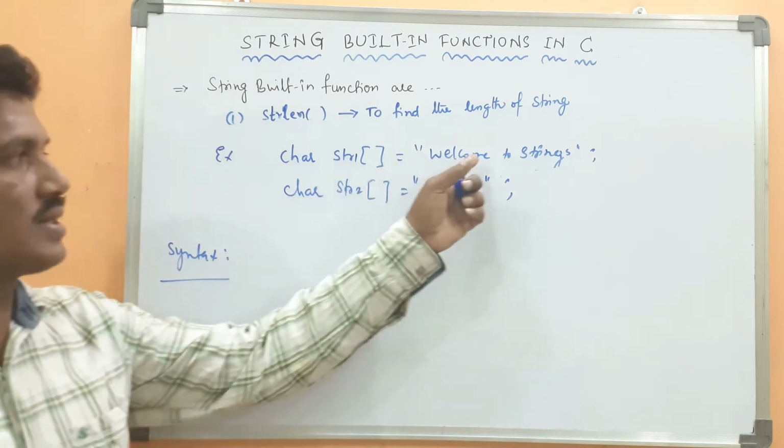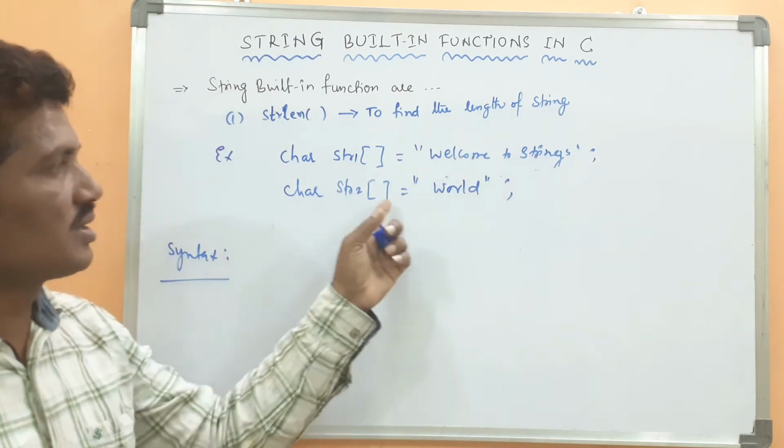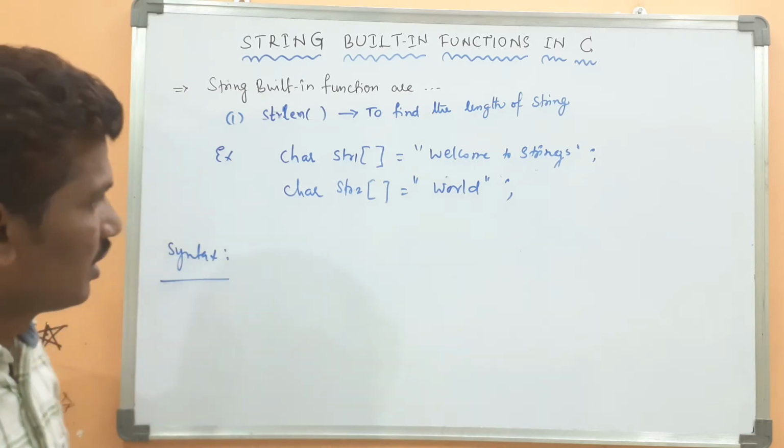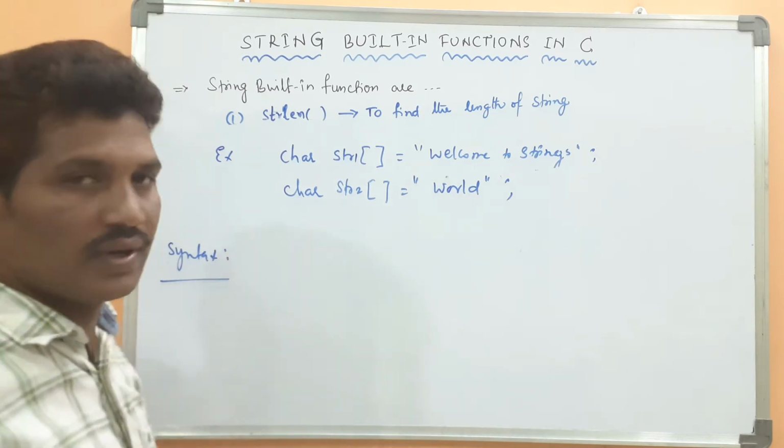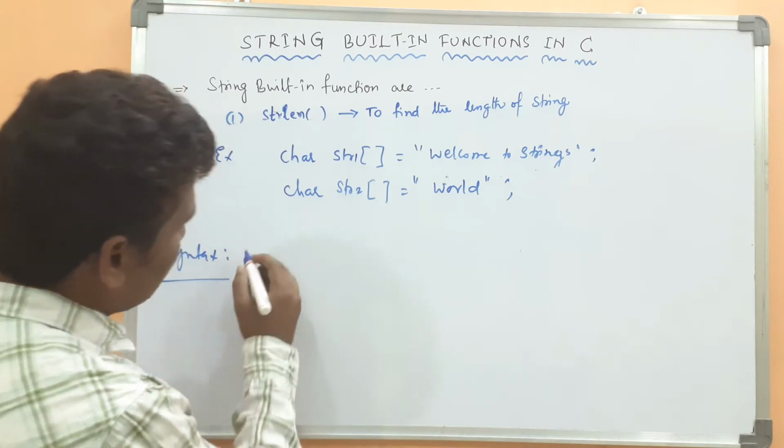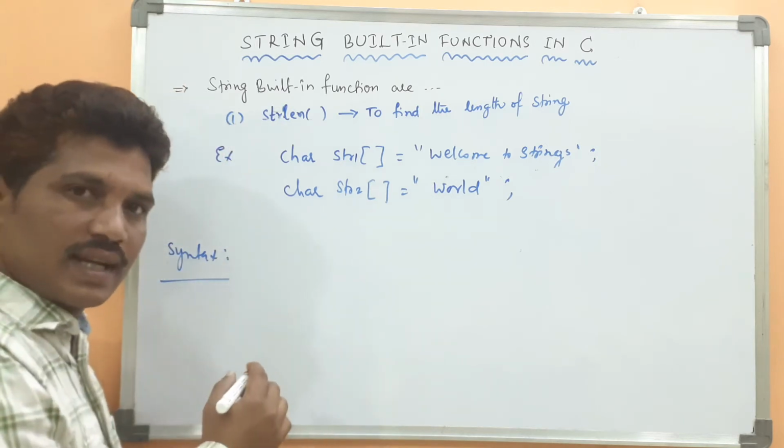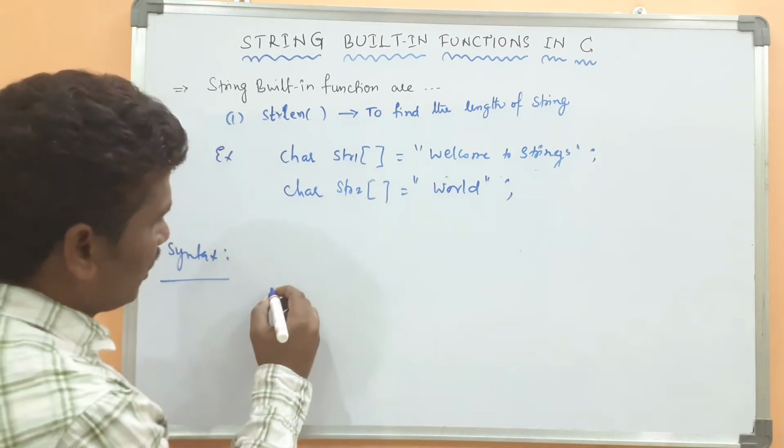The string 1 is initialized with "welcome to string". The string 2 is initialized with the varchar. Then how do you use the string copy function? What is the syntax? First of all, I will tell you the syntax of the string copy.